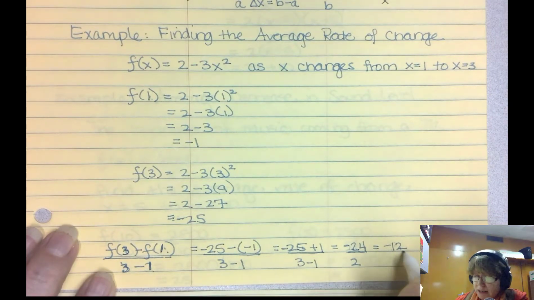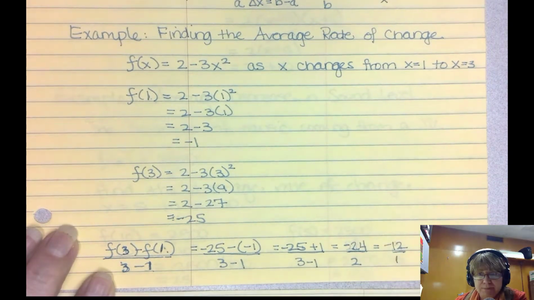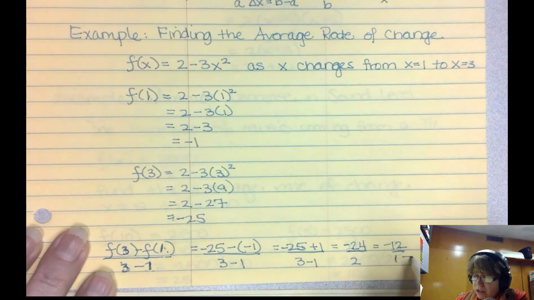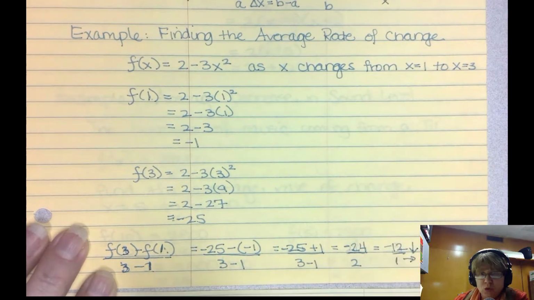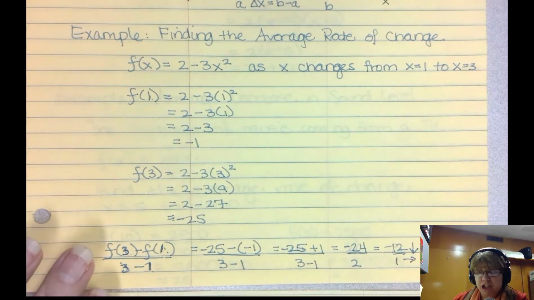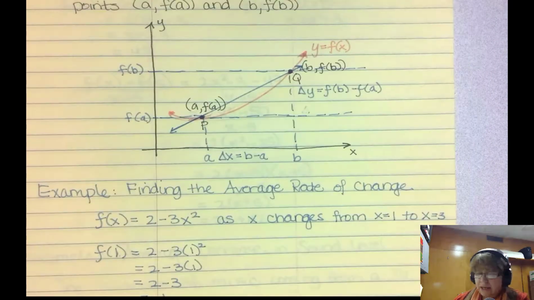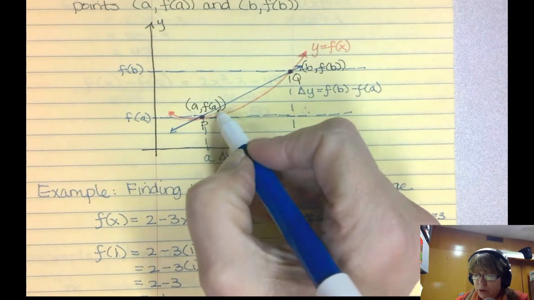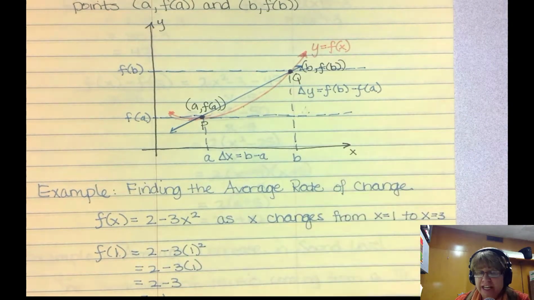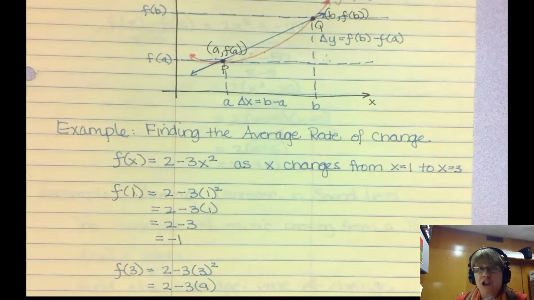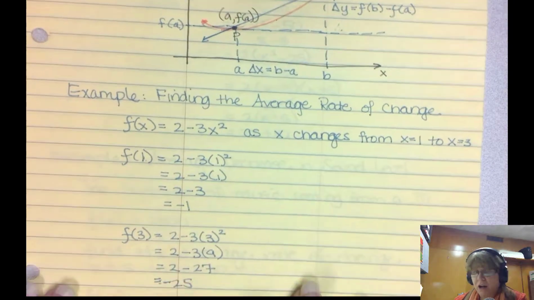Remember, this is still a slope, it's a fraction. For every 1 unit we go to the right, we go down 12 on average. Now, it's not guaranteed that I would go down 12 everywhere. It's just the average change of a function, not the change everywhere on a function.